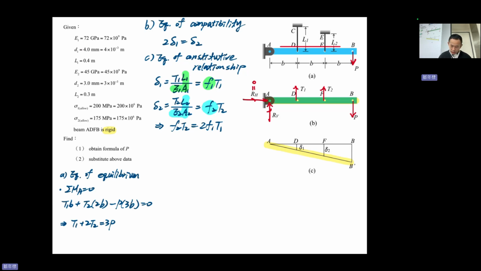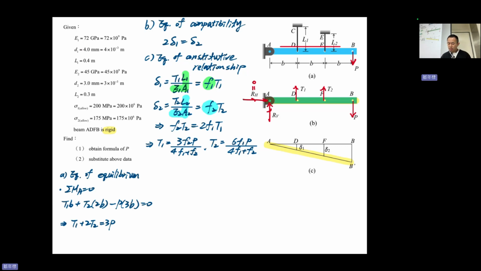So T1 equal to 3F2P divided by 4F1 plus F2, and T2 equal to 6F1P divided by 4F1 plus F2. Here I would like to give you some sense of this course. You need to have a sense.